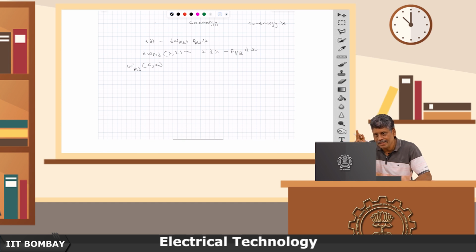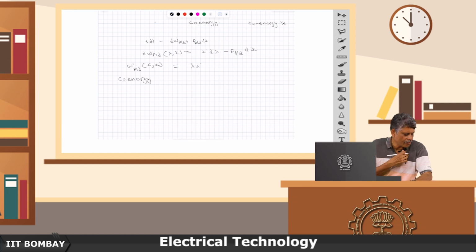Now the state variables I and x are going to be my state variables. For convenience's sake, I am going to define magnetic field co-energy as another state function, which is I times of lambda minus W_FLD, but this is in terms of lambda and x.